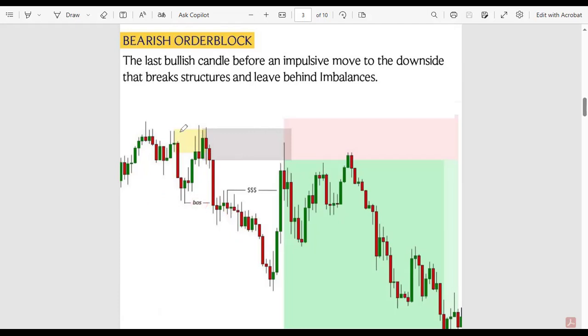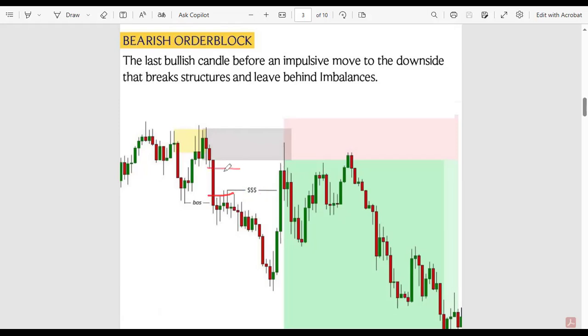And if you look before formation of this order block, you can clearly see that we had this turtle soup here, which is a type of liquidity sweep. And also before we tapped into this bearish order block, you can see we had this inducement level, which was below this fair value gap.